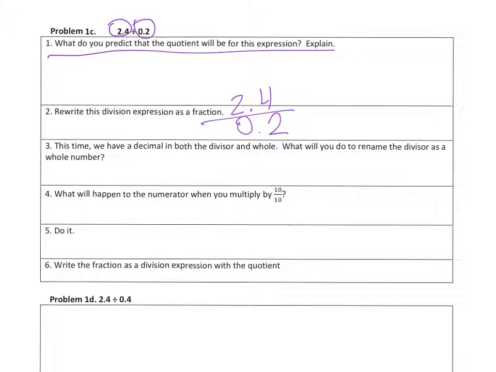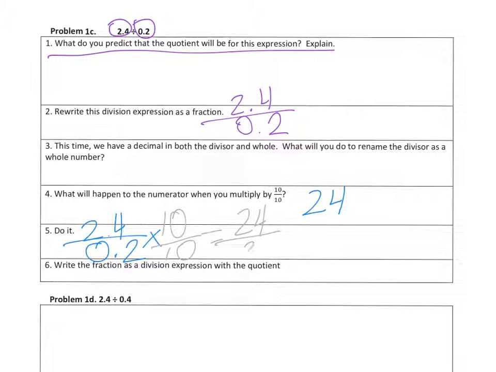It will become 24. So now we have 2 4/10 over 2/10 times 10/10, and that equals 24 over 2, which, if we write it as a division expression, is 24 divided by 2, which equals 12.